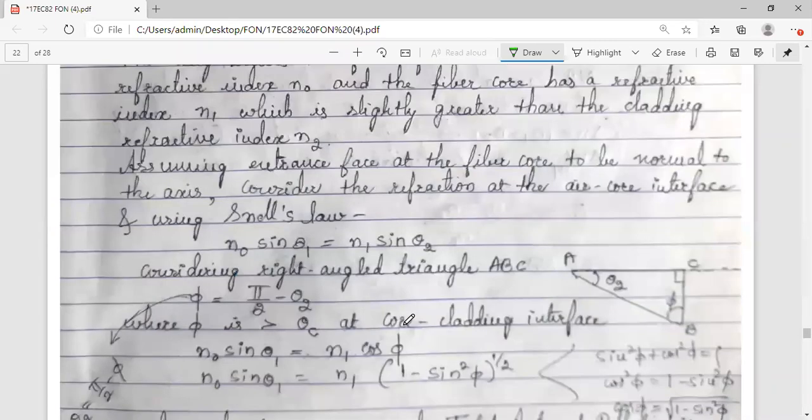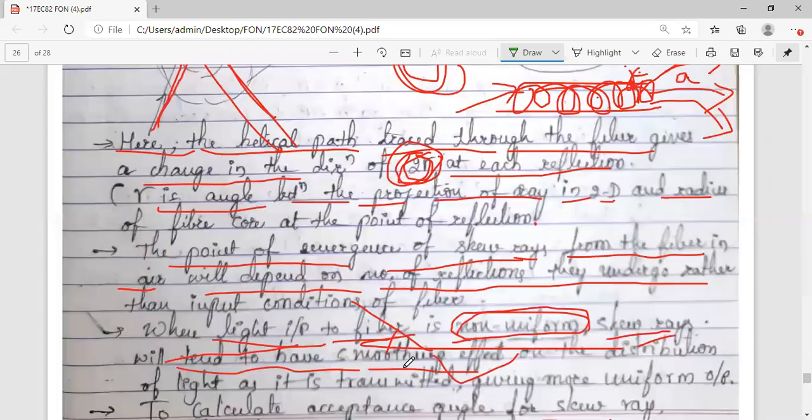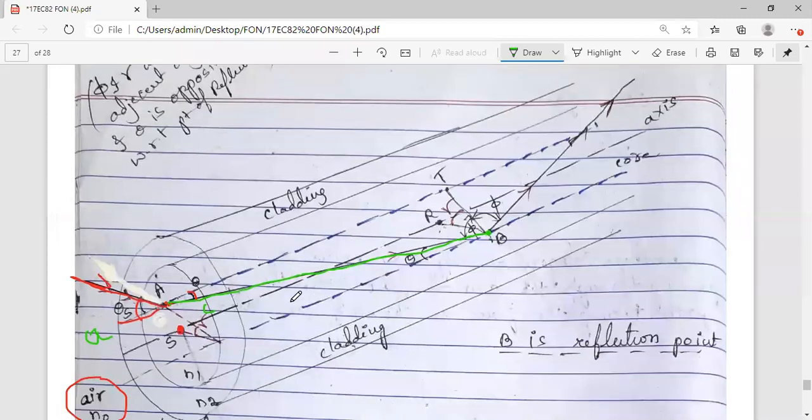Now coming to our figure. It moves, hits the core at point B. In our considerations, point A and point B are important.